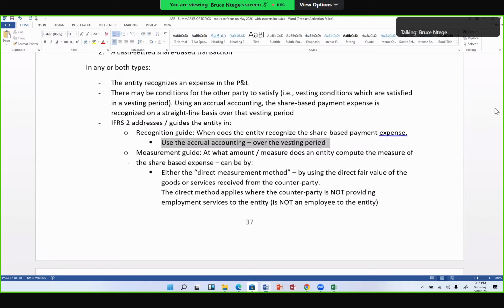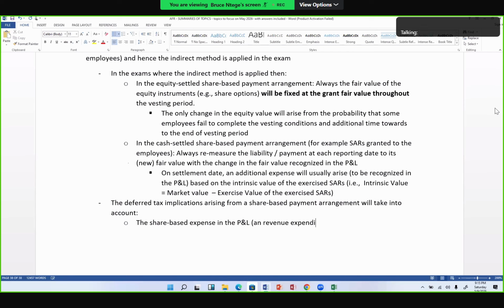The tax base will always be larger. So one of the considerations is that the share-based expense in the P&L, which is a revenue expenditure, implies that the carrying amount of the asset is left at 0, at nil.